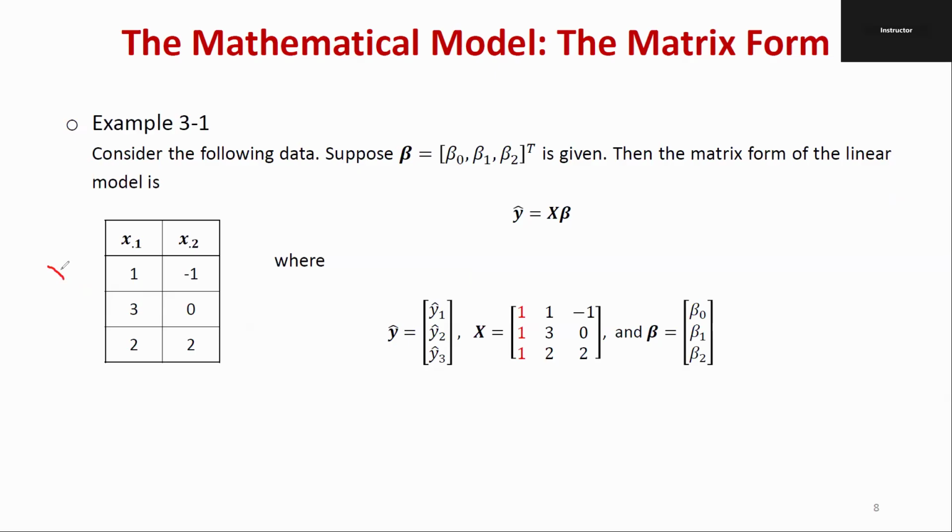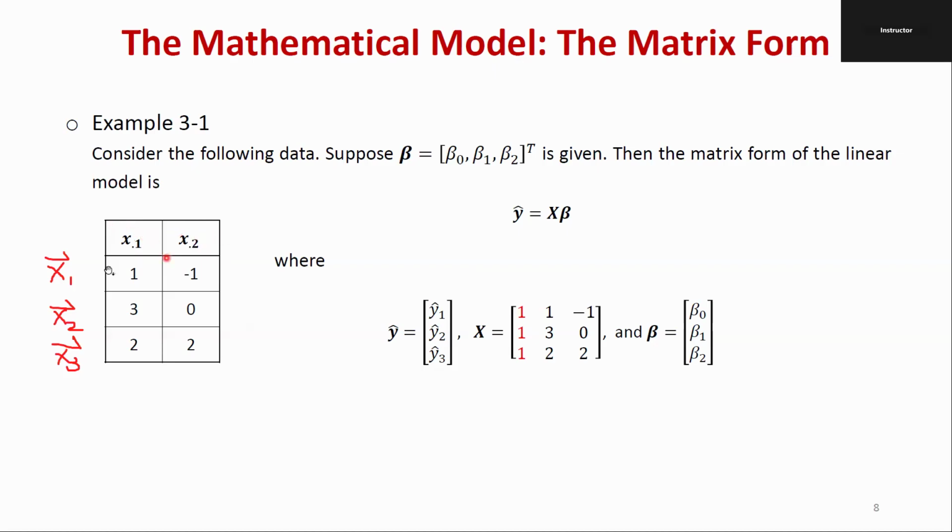So this is x vector 1, x vector 2, x vector 3, and these three are the observed data points, and each data point has two attributes. X dot 1 is one attribute. Let's say, for example, this is the height, this is the weight.